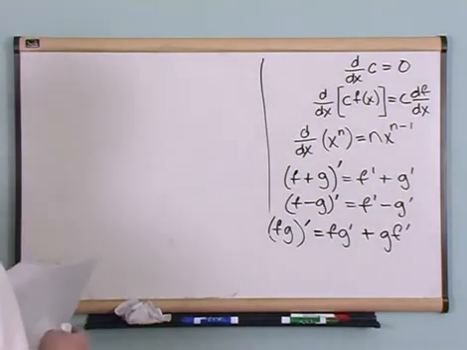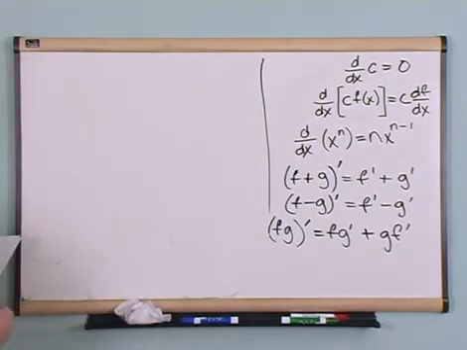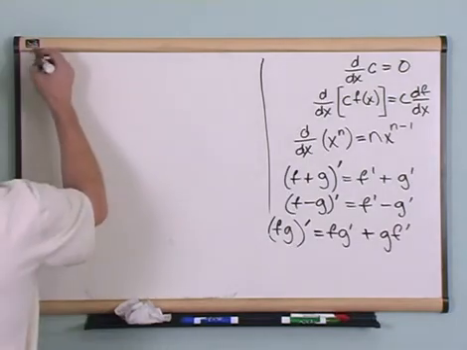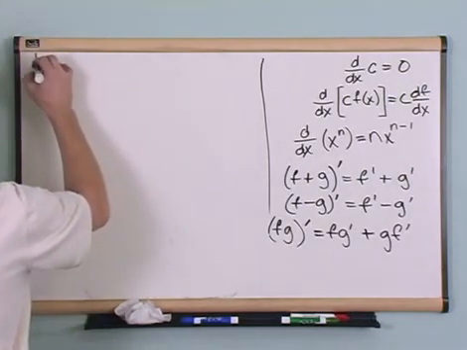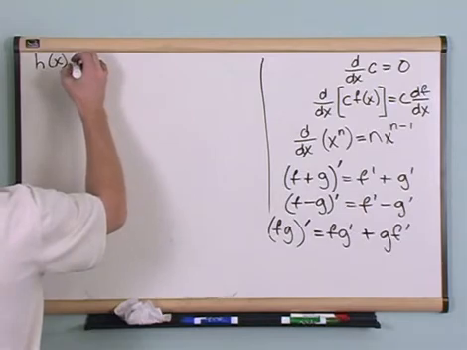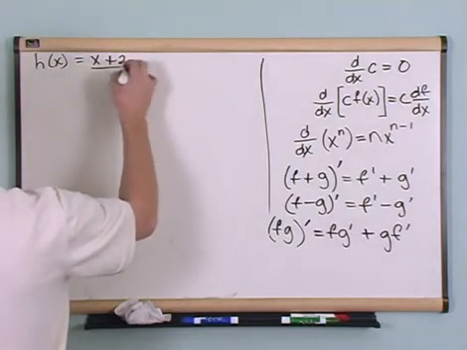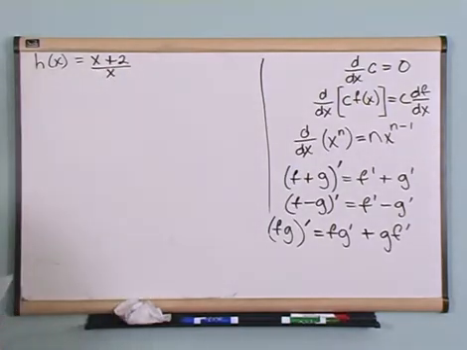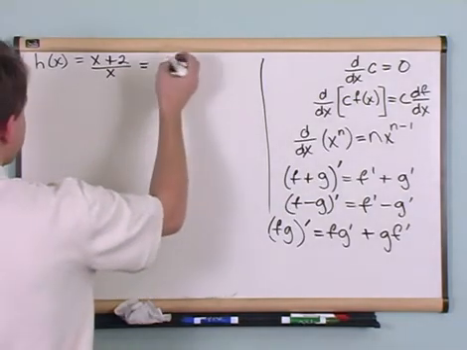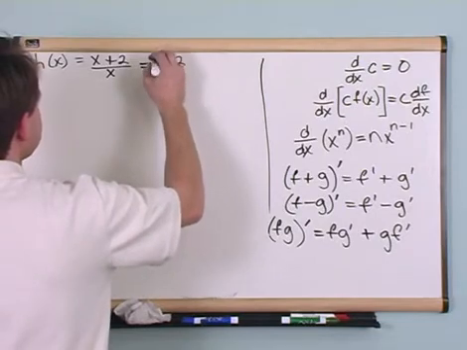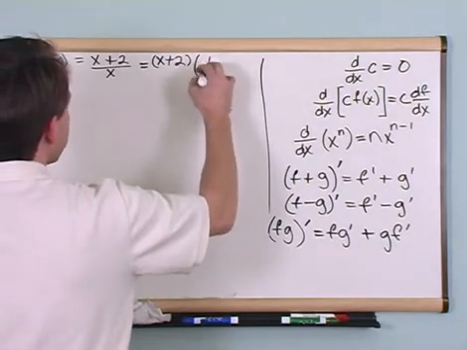Now, what would be an example of that? Okay, what if you had something like h of x equals x plus 2 over x. Well, at first you might say, that's division. That's not multiplication. But you can rewrite this, you see, as x plus 2 times 1 over x.